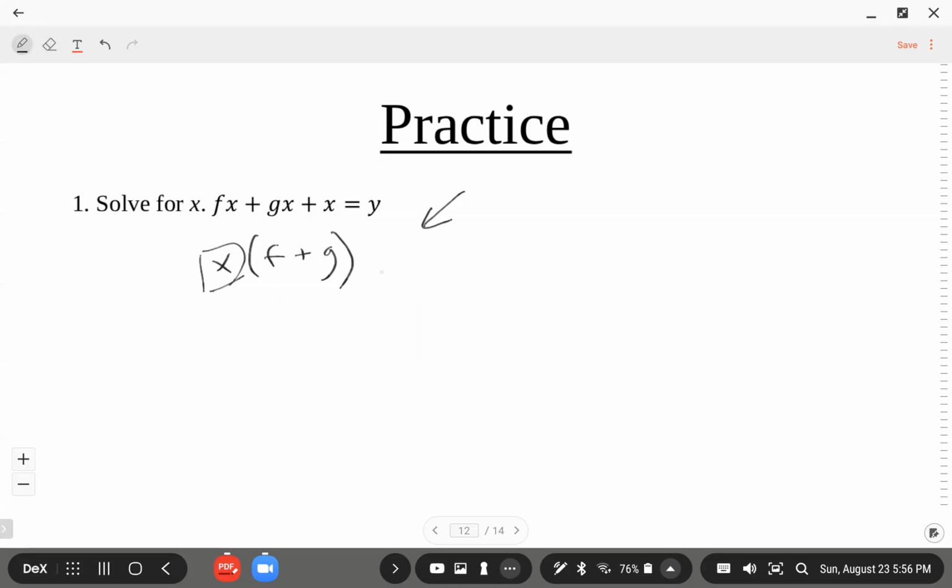Anyways, let me change the equation now. Let's just do it without the other x. Then it's very simple, right? You just get x equals y divided by f plus g. Okay?